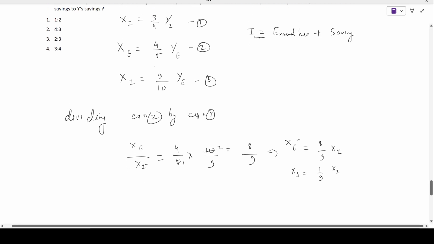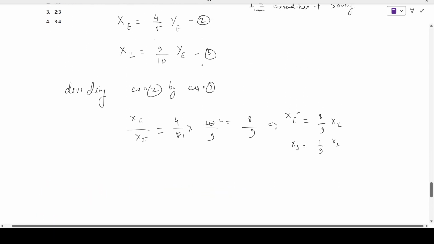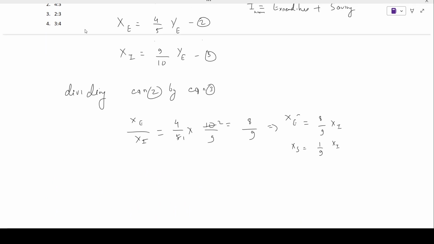Similarly, if we divide equation 3 by equation 1, we will get Y's expenditure to Y's income ratio. Let's insert some space first.